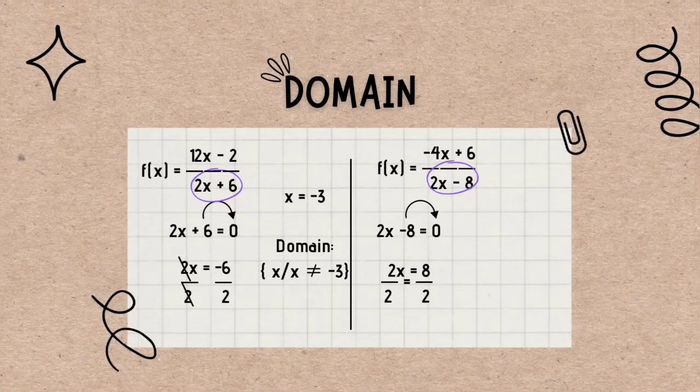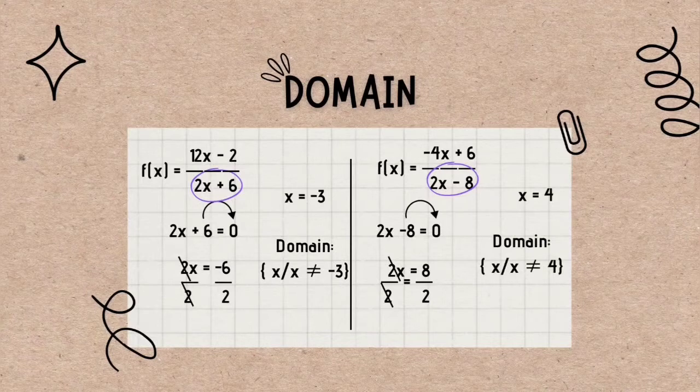So, let's solve. 2 divided by 2, let's cancel this out. Matitira na lang ay x. So, 8 divided by 2 ay 4. So, isusulat ulit din natin siya sa notational form. So, the set of x such that x is not equal to 4.